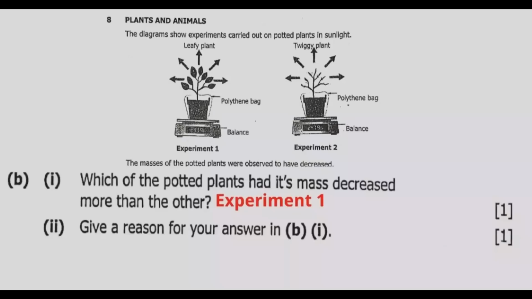Since it has broader leaves, there will be a lot of loss of water happening. So experiment 1 will lose more water compared to experiment 2, because of the broader leaves.